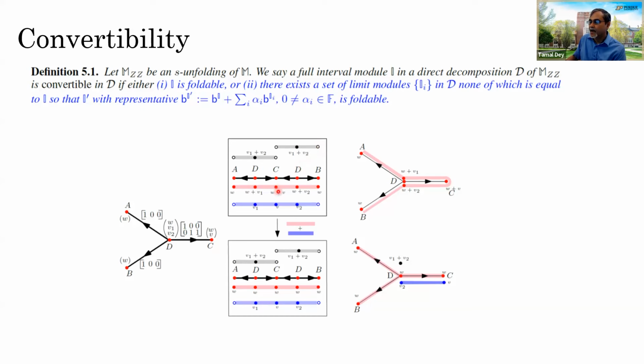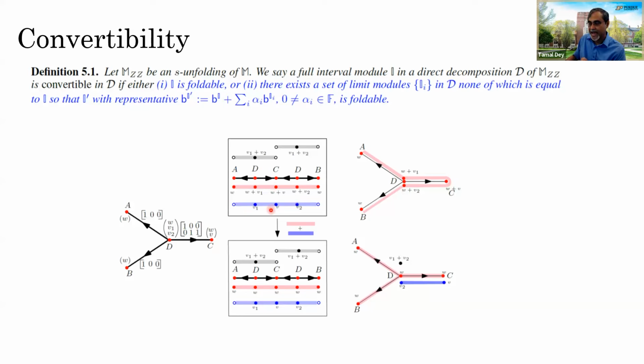Now, you see that this red full module is not foldable because at the copied points, the two vectors are not exactly equal. And neither is the blue one. The blue one itself is actually not a full module because its two endpoints have vectors that are 0, but it's a limit module, because the arrows are going outward, going to 0. So now I can add a limit module.